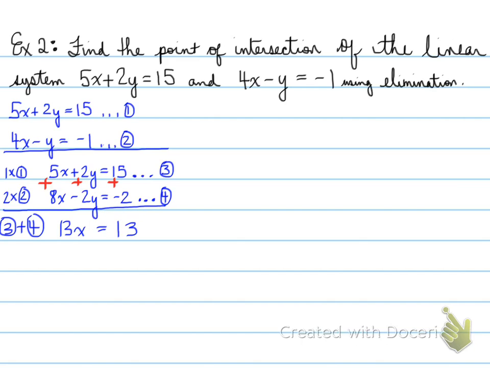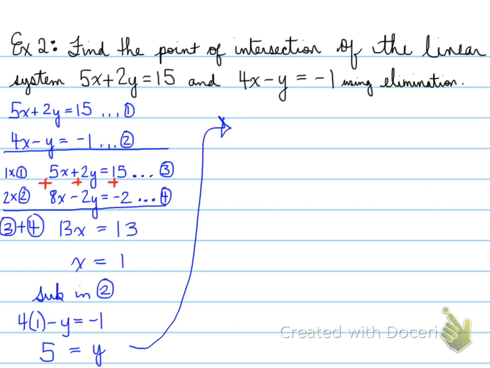All right, 13x is equal to 13. x is equal to 1, folks. And now, having done the elimination step, we need to sub. Sub it in equation number 2, and you get y is equal to 5. Why did I choose 2? Again, folks, just to be different so you can see you're not forced to do it only one way.